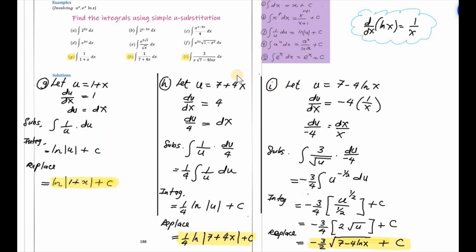As for I, the appropriate u is inside the radical. So du dx is 0 minus 4 times the differentiation of ln x, which is 1 on x. And here we need to replace dx over x. Rearranging this, dx on x is actually du on negative 4. Substitute.